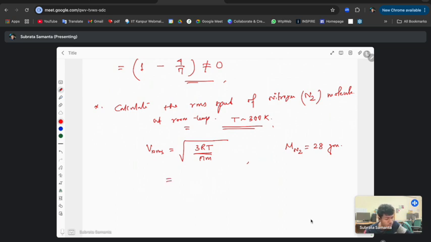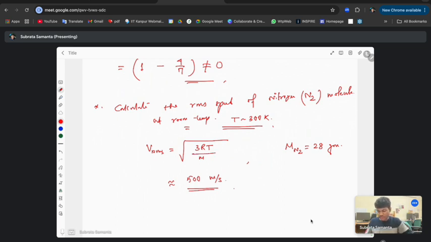If you know the value of R, just plug in, and the result is basically 500 meters per second. Sorry, it is 3RT by m, not pi m.